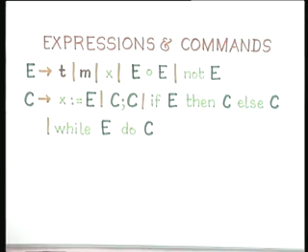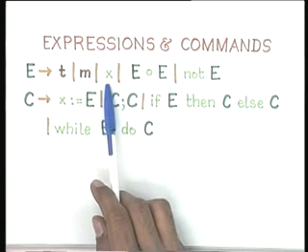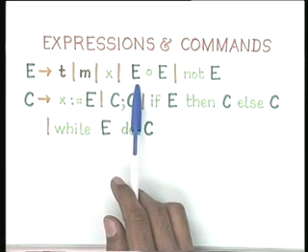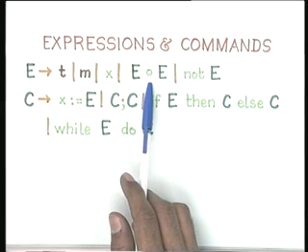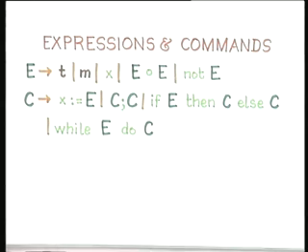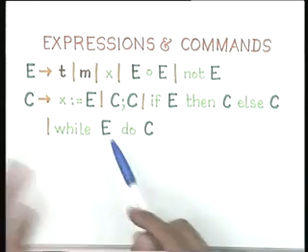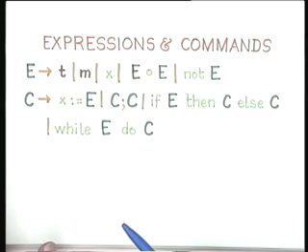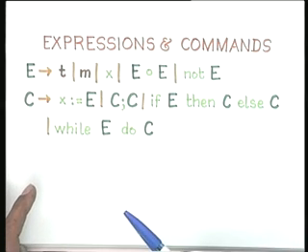I am not really bothered how. X is a variable, it could be a Boolean variable or an integer variable. Then this is a binary operation on expressions, it could be any of the binary operations we have said, and there is a unary operation, the only unary operation on expressions. The commands remain as they are.